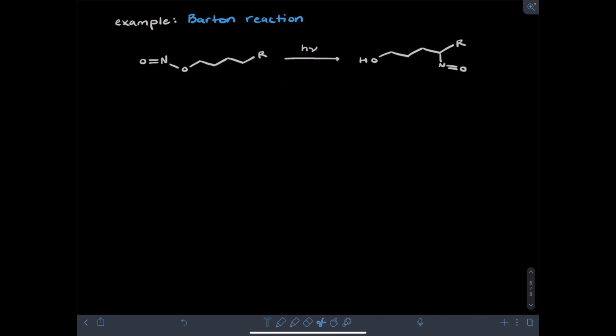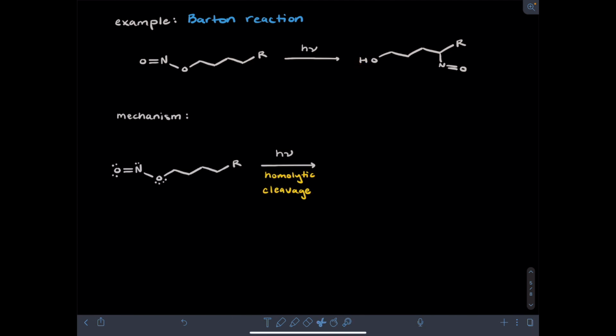This is a rearrangement where you start out with an NO2 group at one end of a molecule, and upon treatment with light, this position is turned into an alcohol group, and the NO group is added at a position 5 away from this. So notice in order to install this new NO group, a CH bond had to break at this position, and that hydrogen is now attached to oxygen.